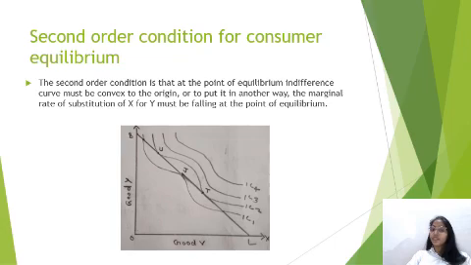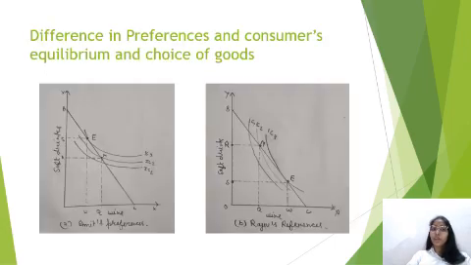Okay, the next one is difference in preference and consumer equilibrium and choices of goods. So you can see the curves here. These are the two curves: this curve shows Amit's preferences, and this curve shows Rajiv's preferences.